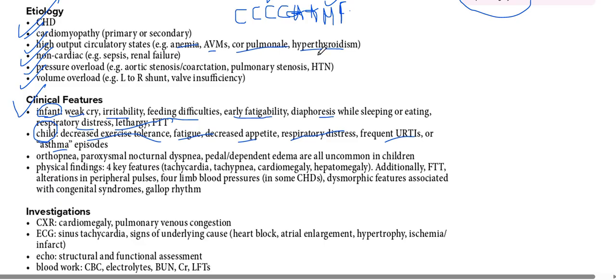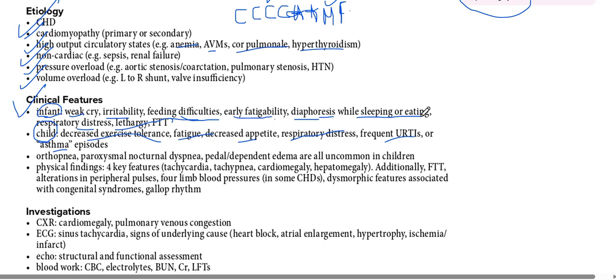Okay, guys, I took just a 5 minute break and I am back again. So, I want to repeat the clinical features for infant and the child. Infant will have a weak cry, extremely irritable, feeding difficulties, early fatigability, diaphoresis, which means extreme sweating while sleeping or even while eating, respiratory distress, lethargy, and failure to thrive.